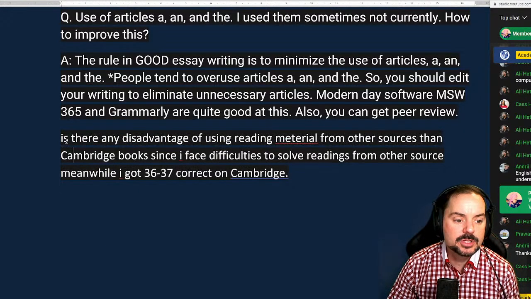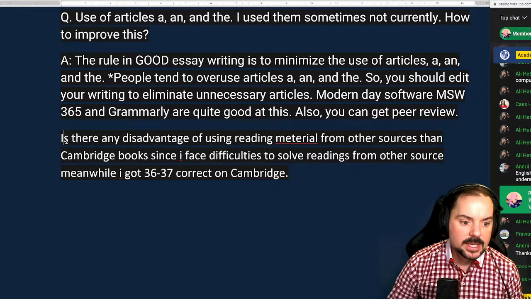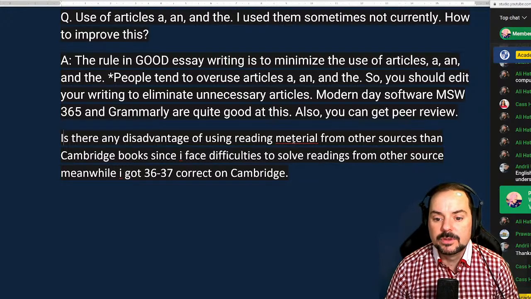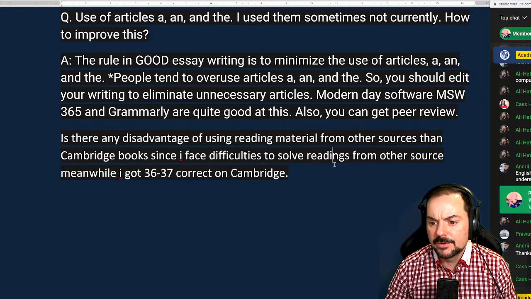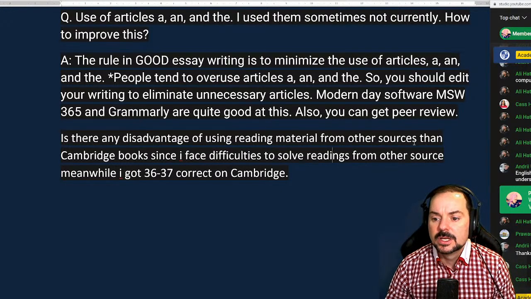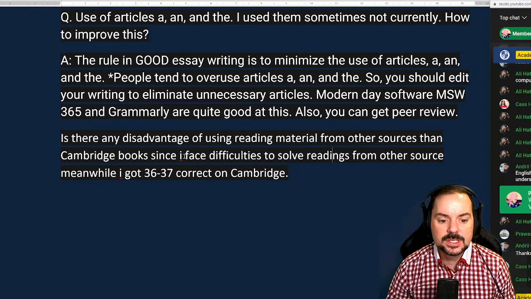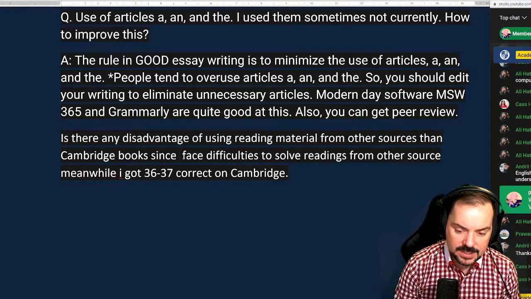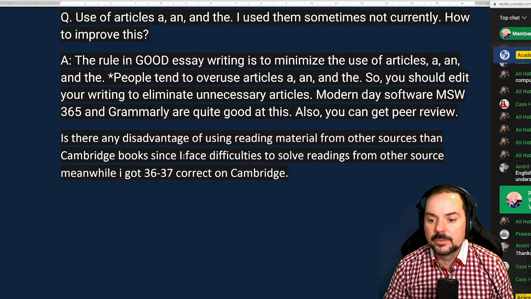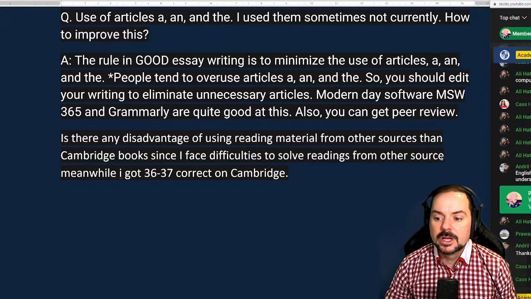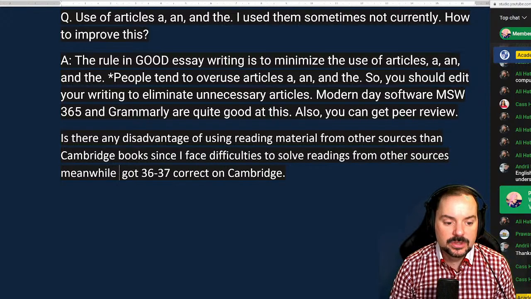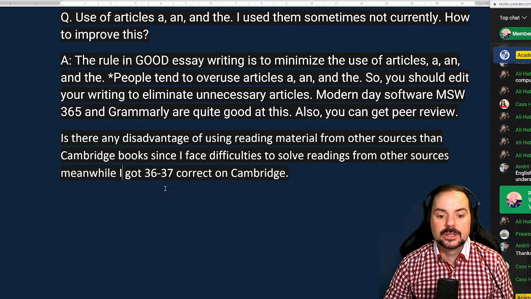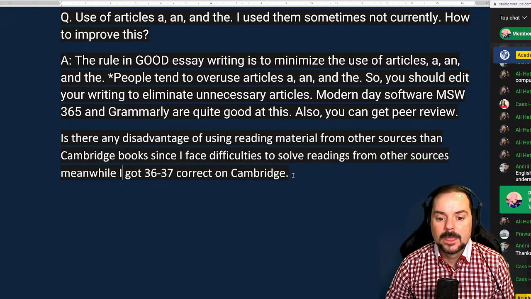Prabjot is asking this: Is there any disadvantage of using reading material from other sources than Cambridge books, since I face difficulties solving readings from other sources? Meanwhile, I got 36 to 37 correct on Cambridge.